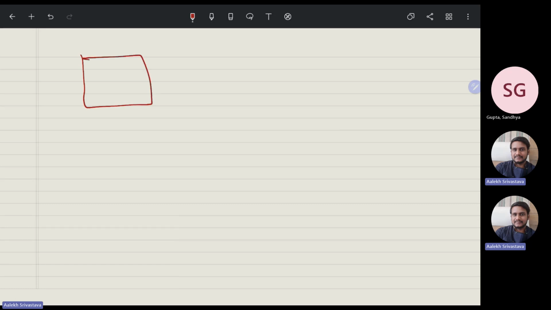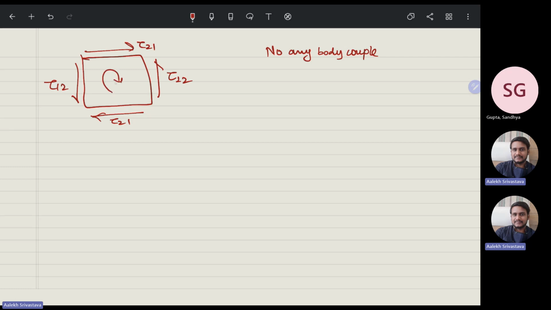If there is no body couple, what they say is that the shear stress acting, tau 1 2 and tau 2 1, are related. So no body couple is acting, meaning the sum of all moments is equal to 0.